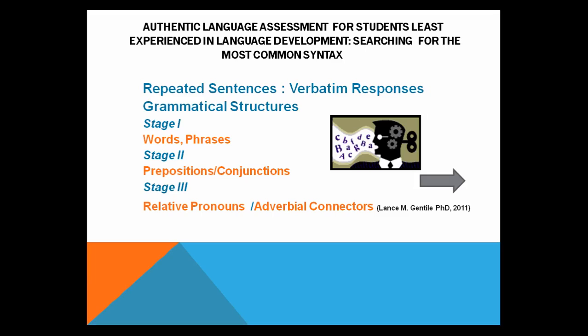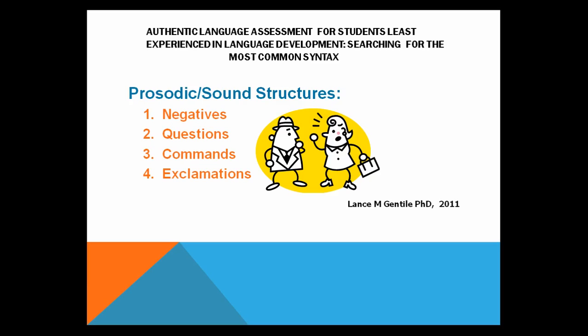The grammatical structures are augmented by the need to control prosody or sound, whereby the tone of the voice changes meaning, where negatives become all important to understanding what's going on, and those are usually triggered by the tone in the voice. The same with questions.